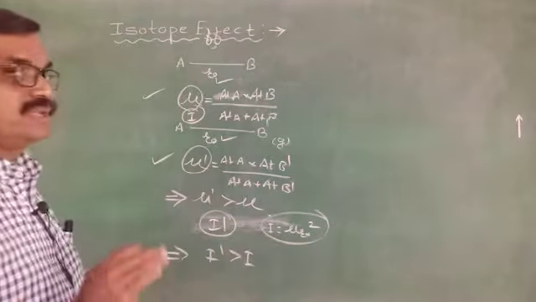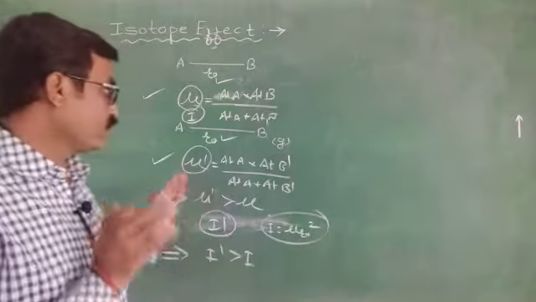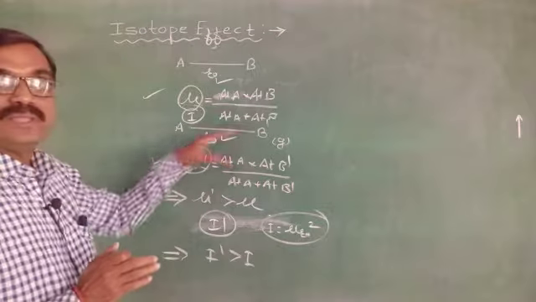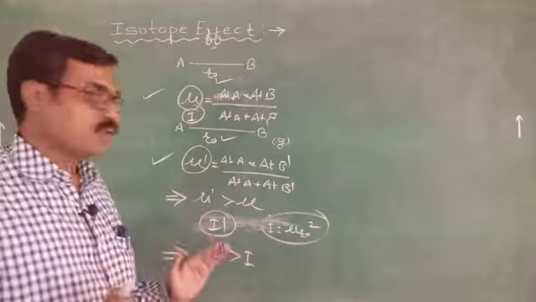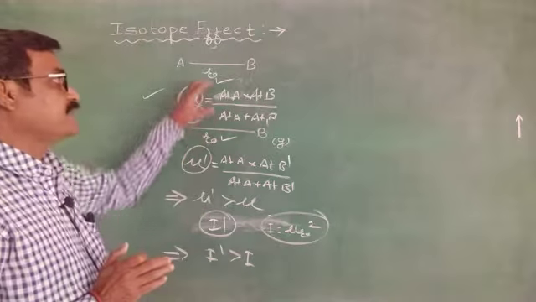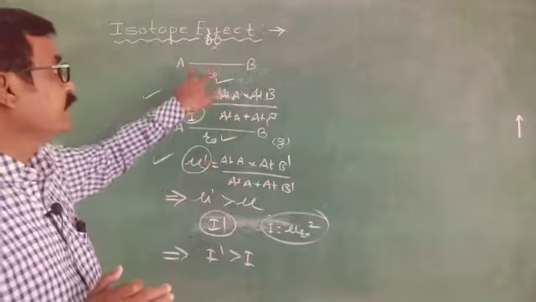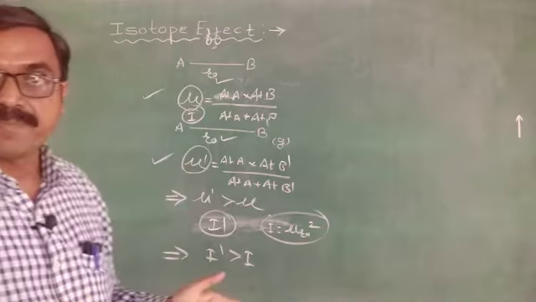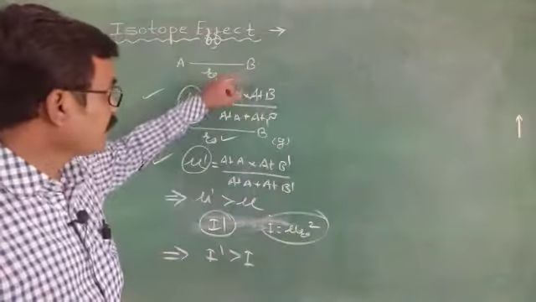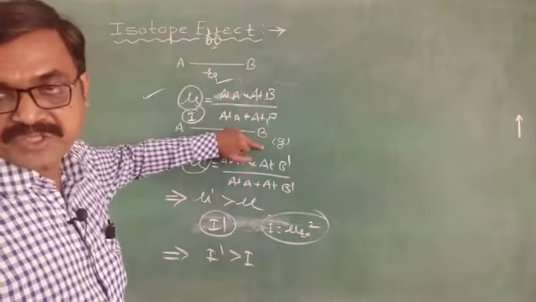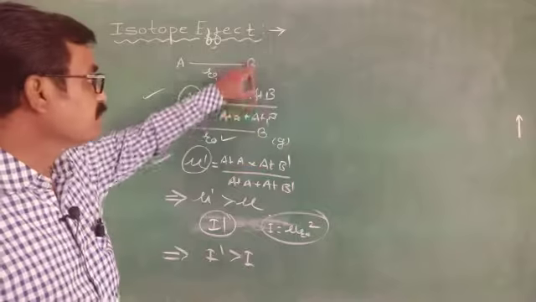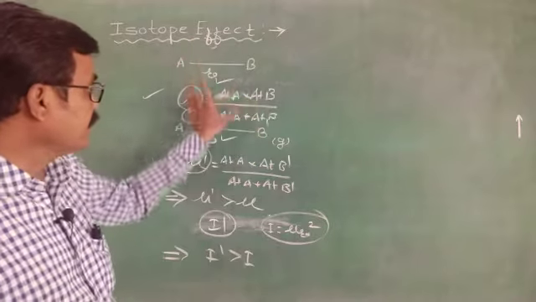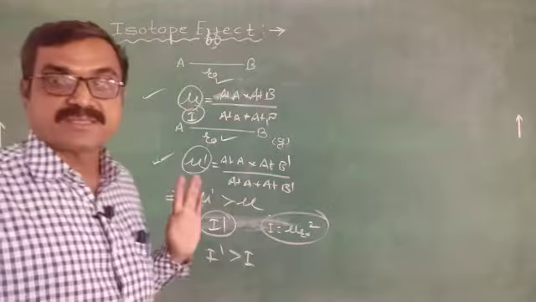In the isotopic molecule, the moment of inertia is more as well as the reduced mass is more, but the only similarity is that in both cases the internuclear distance is the same, because these are atoms of the same element, with only a difference of atomic mass.